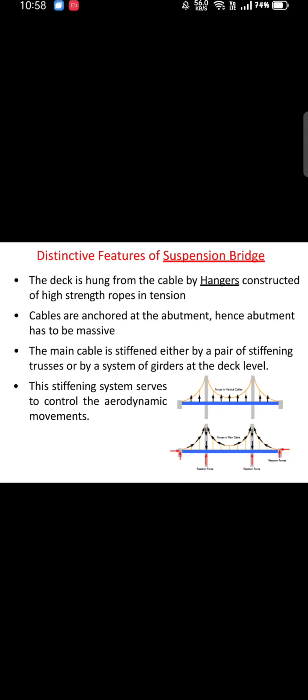Now coming to the suspension bridges. This is also a very famous bridge type. The cables carry the tension and they will be resting on the abutment. These wires or cables will be tied to the abutment, hence the abutment should be massive. The stiffening girder serves against aerodynamic movement of the bridge.